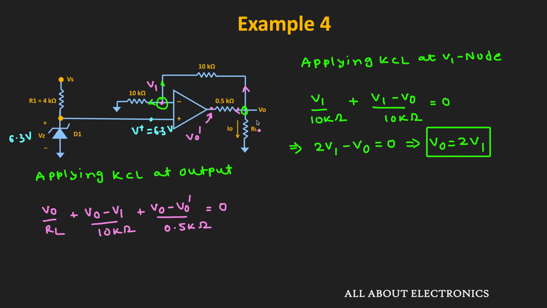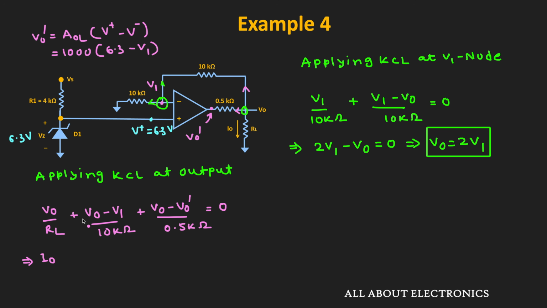Here V0 divided by RL is nothing but I0, that is the output current. And V0 dash is nothing but the open loop gain of the op-amp times V plus minus V minus. So that is equal to 1000 times V plus, that is 6.3 volt minus V1.